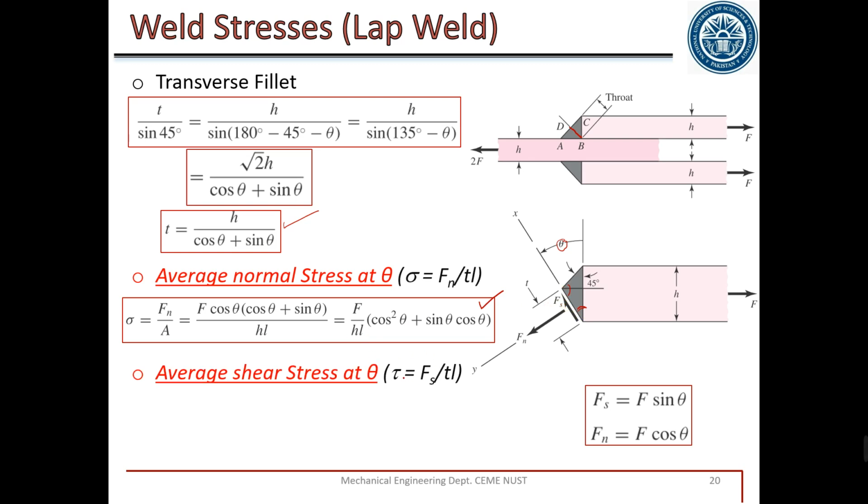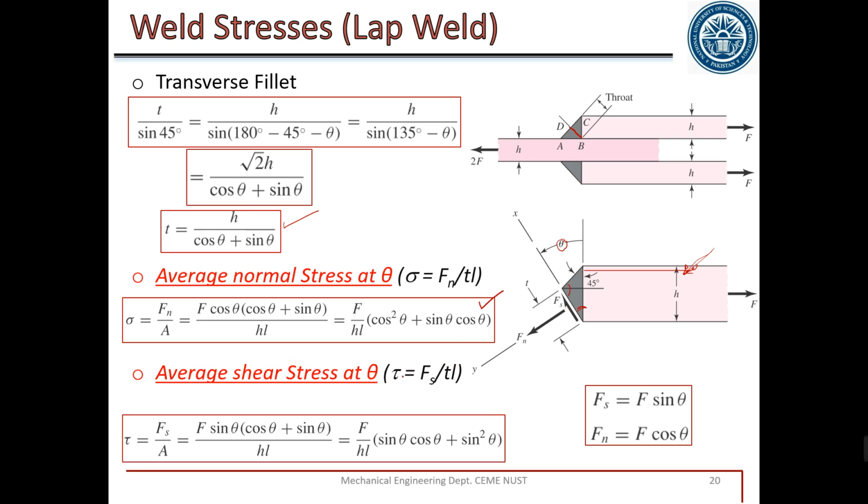Similarly, for shear stress, tau is equal to Fs over tL, if the force is acting in this direction. If the force is acting into the paper or out of the paper, then that will be another case. Now for this force we have one shear component, and that shear component is applying some shear stress here, and to calculate that shear stress we have this equation.